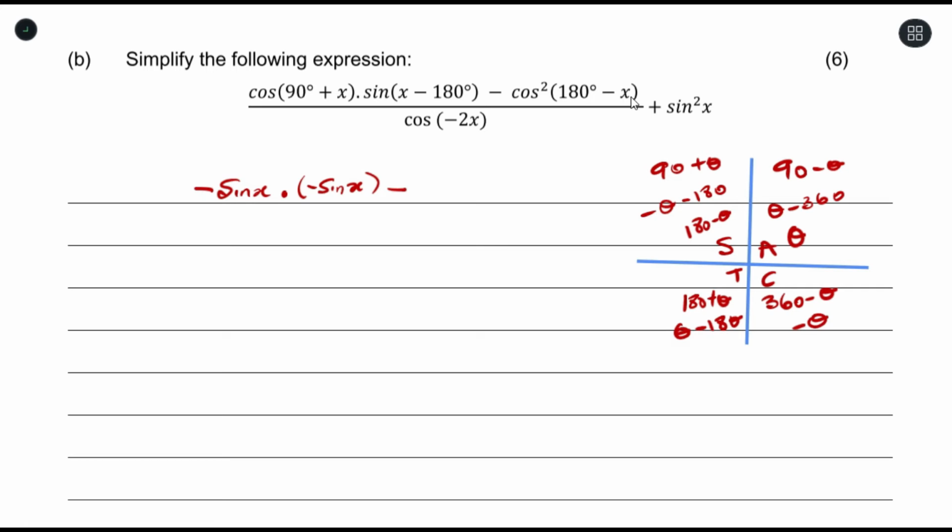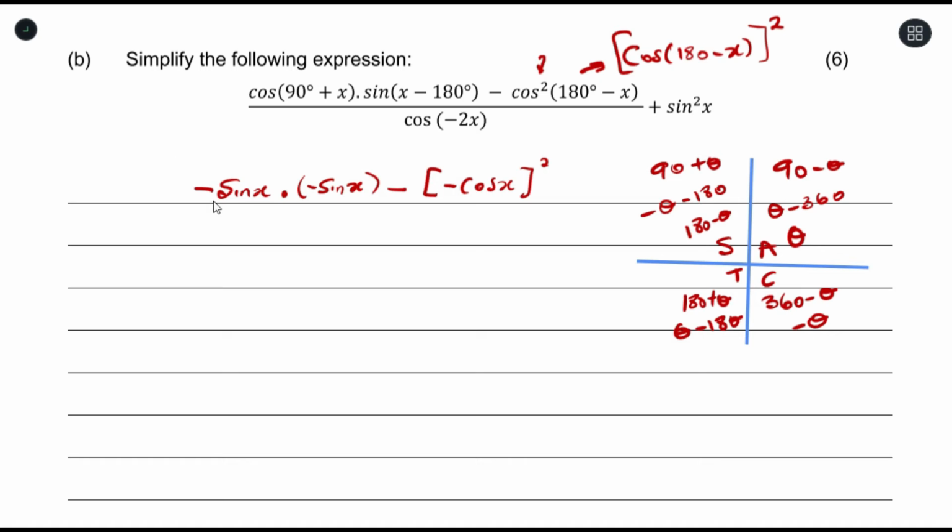Then we look through this one here. This is 180 minus x, but there is a squared here. So it's best to rewrite this expression as cos of (180 − x), and the squared is outside here. Now if the squared is outside like this, whatever I have inside the bracket, I can square it after I'm done. Now 180 minus x is in the second quadrant, so this here could be written as negative cos x, squared, okay?